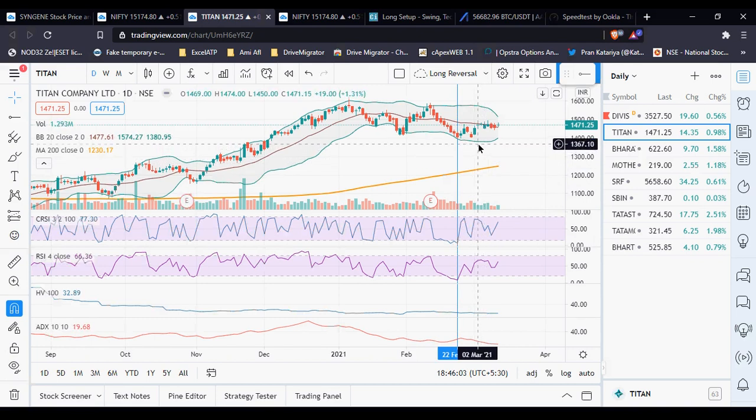But even though the setup has given you 50% to the Bollinger Band, as per the system I will not go for this setup.